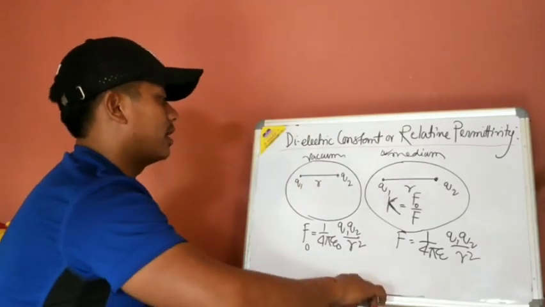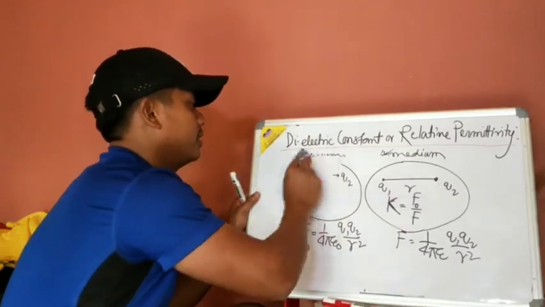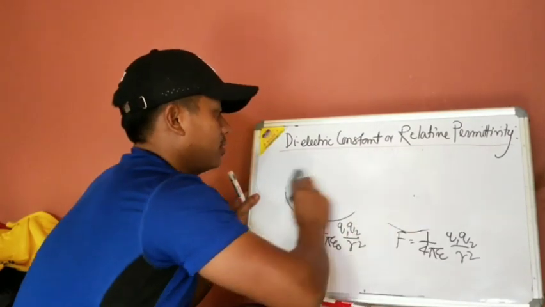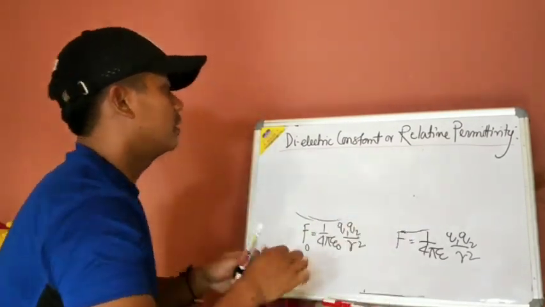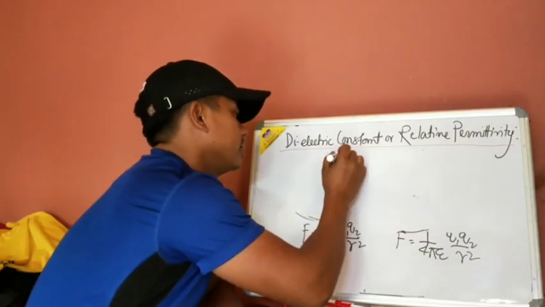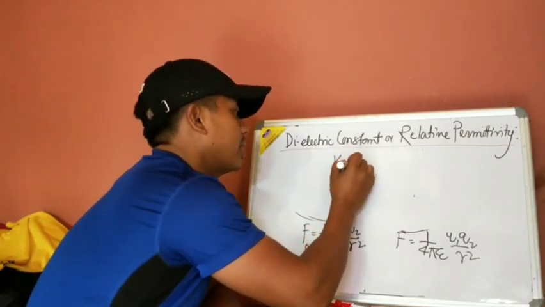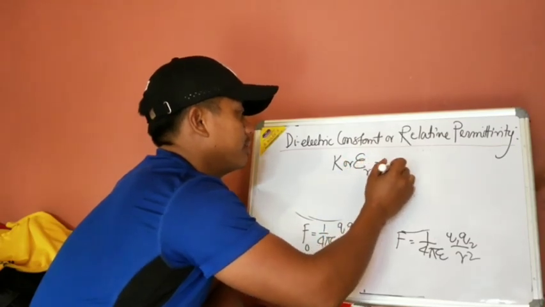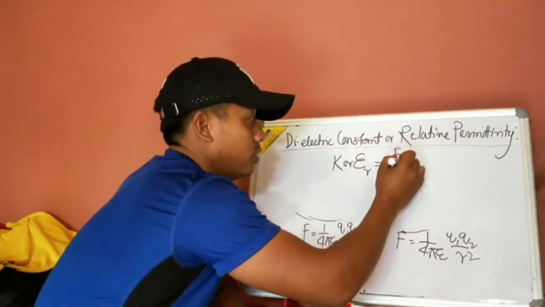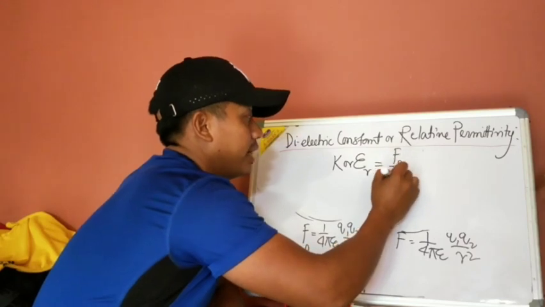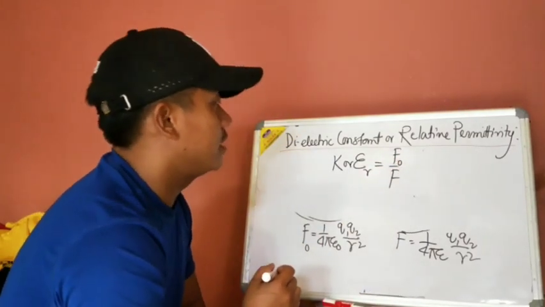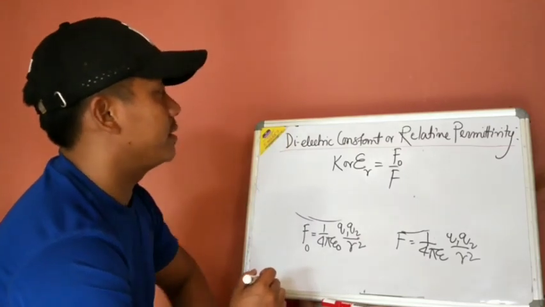So let me write it down here again. The dielectric constant of a medium, this K, or another symbol, epsilon R, denotes relative permittivity. This is the ratio of F naught by F. This is the very definition which is to be learned at the beginning.